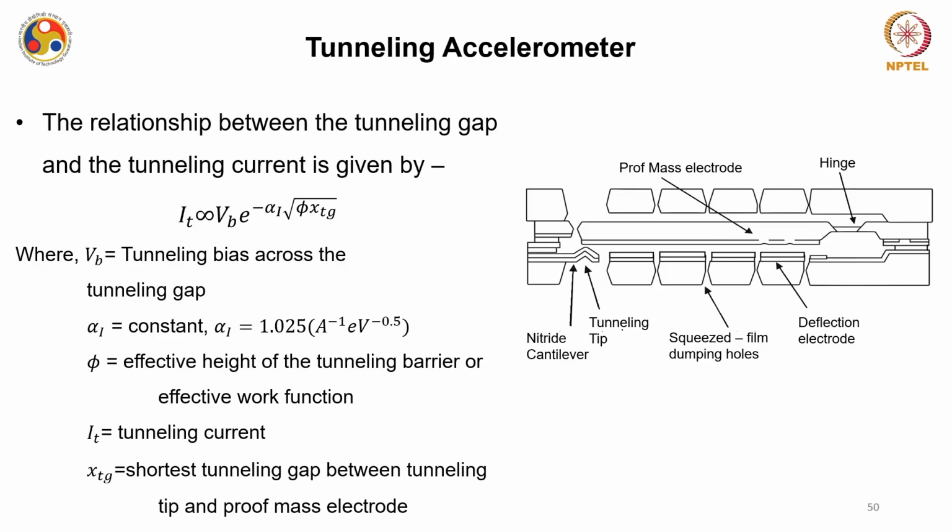Now the relationship between the tunneling gap and the tunneling current is given by: the tunneling current is directly proportional to the tunneling bias voltage into e power minus alpha 1, where alpha 1 is a constant given by 1.025 into A inverse eV inverse, into square root of phi x_tg, where phi is the effective height of the tunneling barrier or the effective work function, and x_tg is the shortest tunneling gap between the tunneling tip and the proof mass electrode.